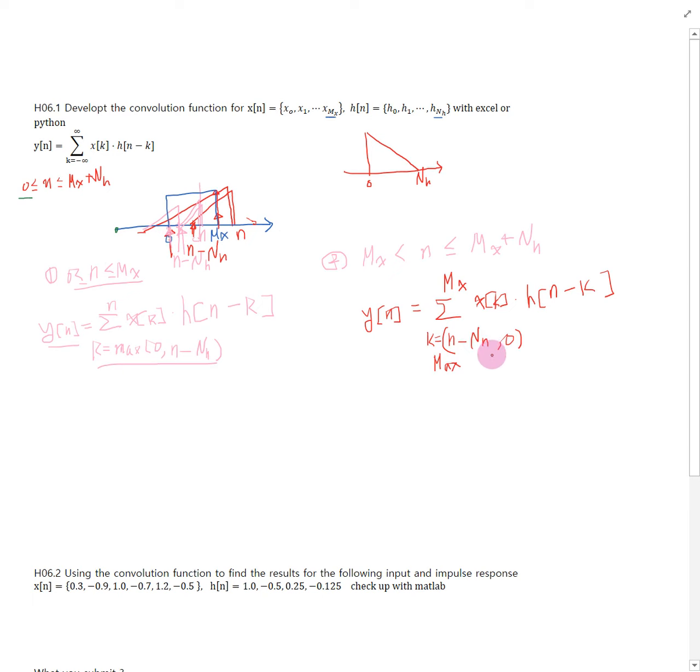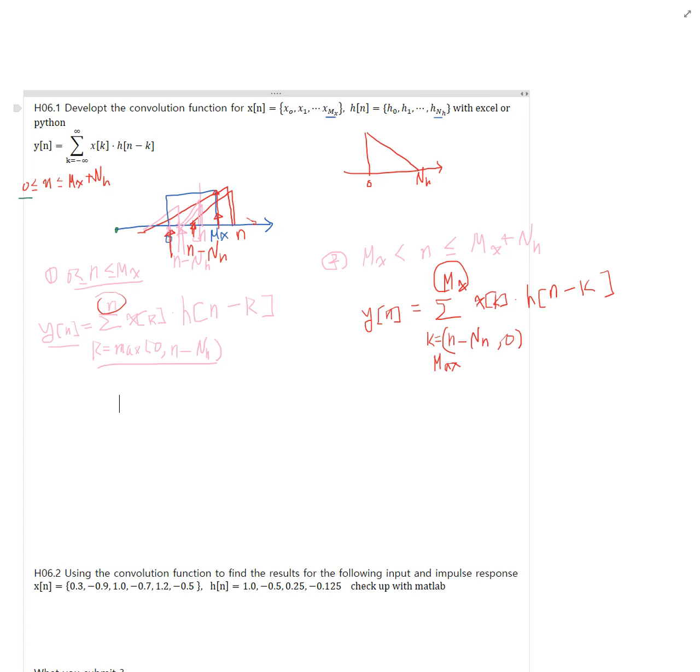It's the same thing right here for the ending summation index, the minimum of n and mx. We know that the output will exist in between these indices. For all other indices, it should be equal to 0. So by summarizing these two cases, yn can be calculated this way.